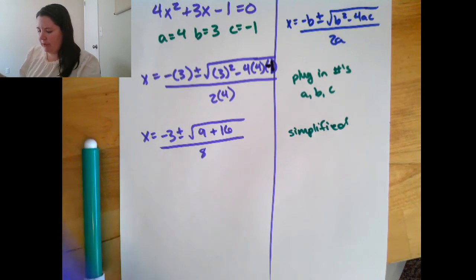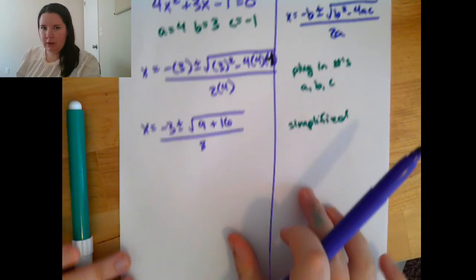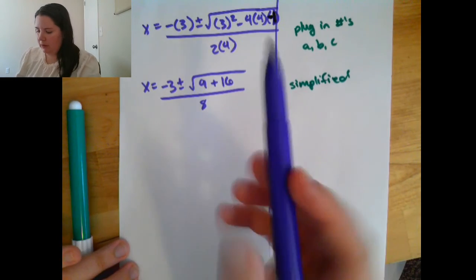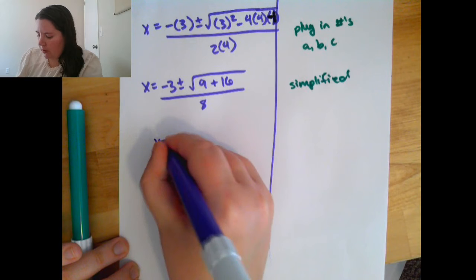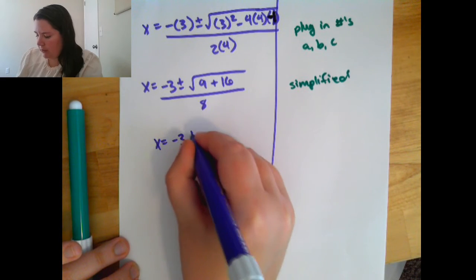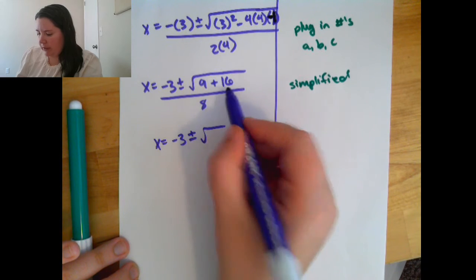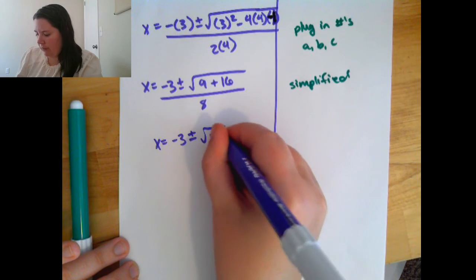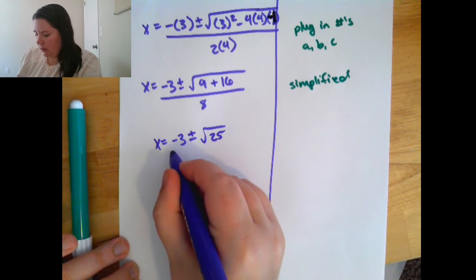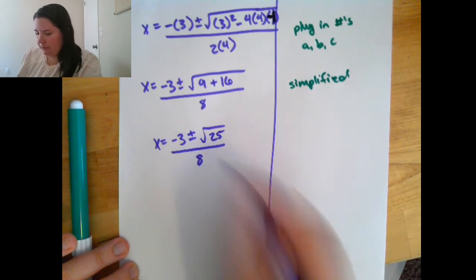Okay, there's still more to simplify though. Negative 3 plus or minus the square root of 9 plus 16, 25. There we go. All divided by 8.